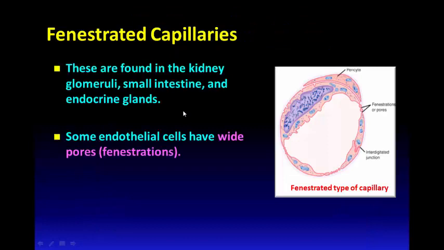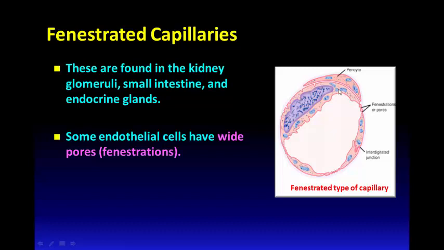Fenestrated capillaries are found in the kidney glomeruli, in the glomerular capillaries, and in the capillaries which we have in the small intestine and endocrine glands. So this is a fenestrated capillary.